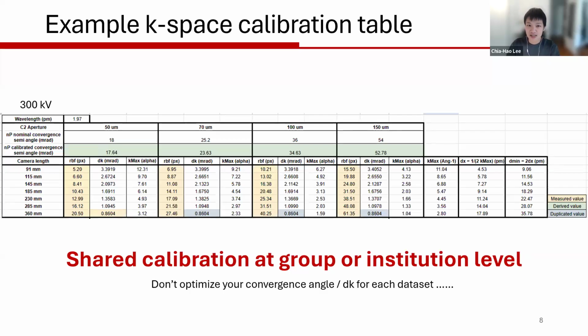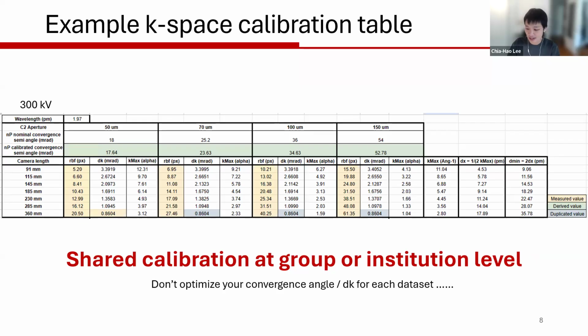But just saying, if you do this calibration with a known crystal, you can actually form a shared calibration table at the group or institution level, instead of everyone optimizing their ptychography reconstruction convergence angle and dk for each data set.